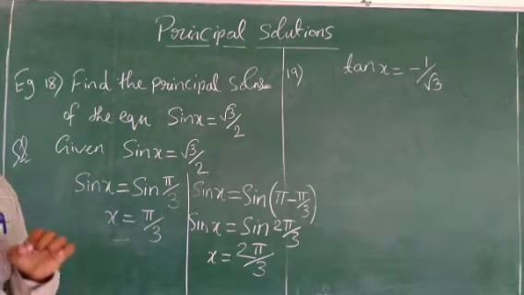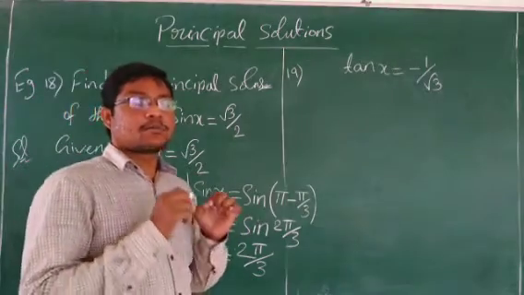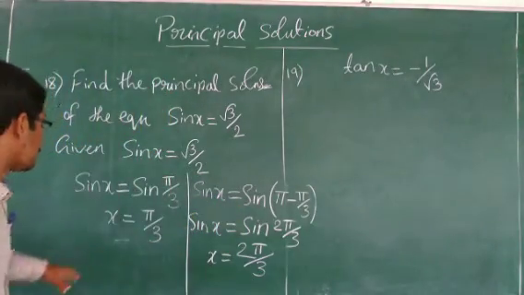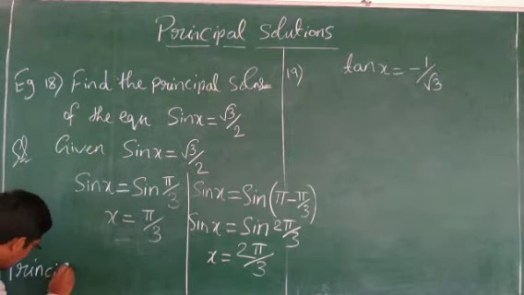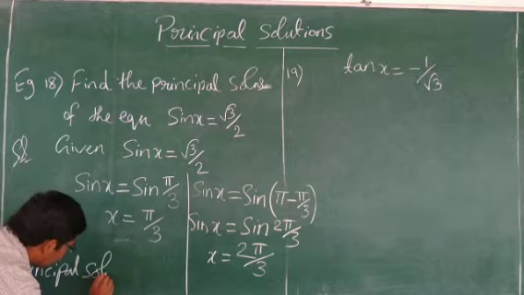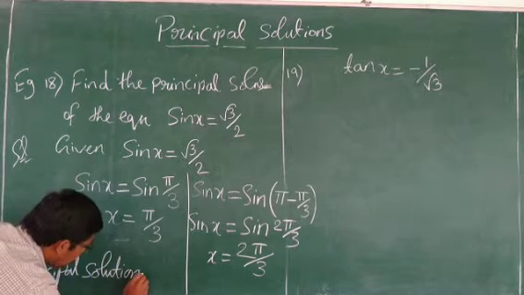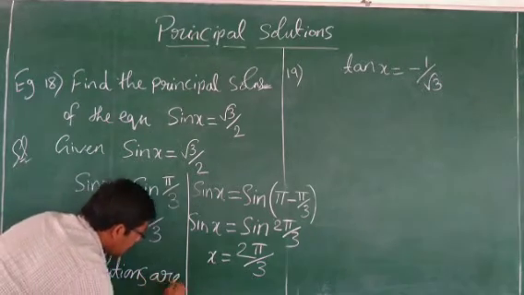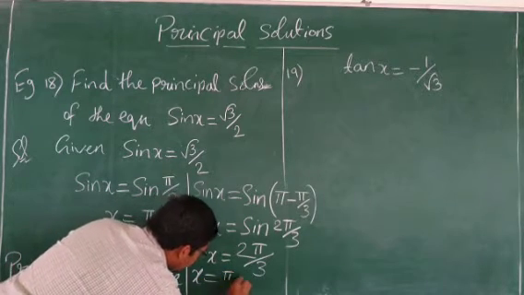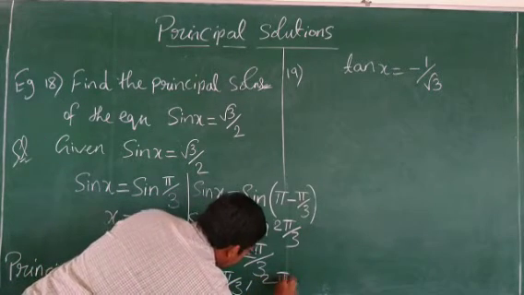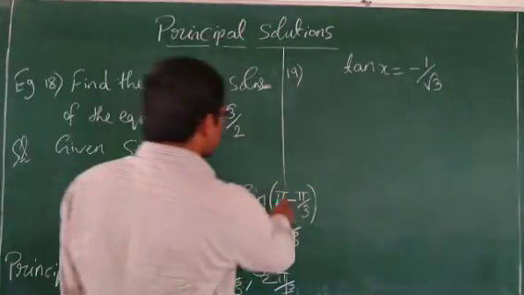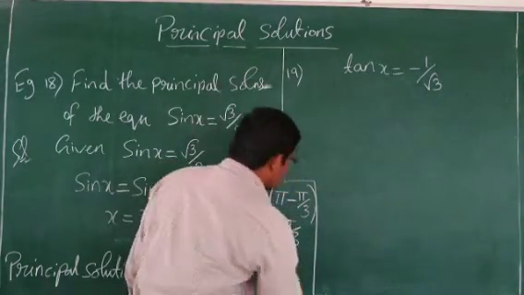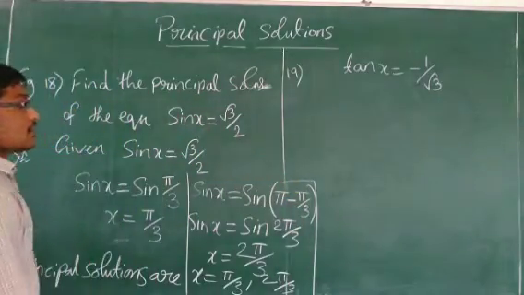Only then we call the angles principal solutions. So here the principal solutions are x equal to pi by 3, 2 pi by 3. So we get two principal solutions.